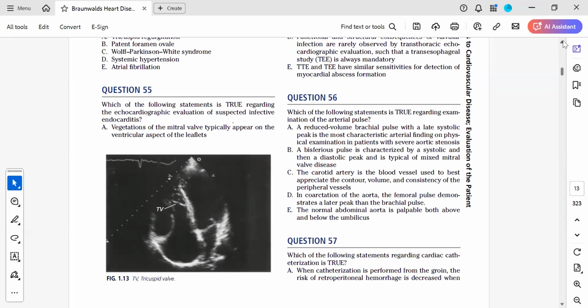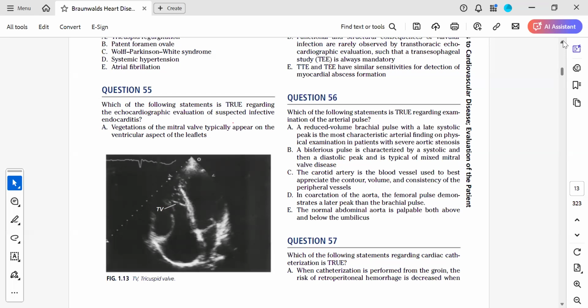Pulsus parvus et tardus, like I mentioned earlier, is a small pulse with a delayed systolic peak, which is characteristically seen in severe aortic stenosis and is appreciated by palpating the carotid artery rather than a peripheral vessel, such as the brachial artery. In patients with severe aortic stenosis and congestive heart failure, the delayed upstroke is not usually evident. So it's the parvus component that is usually felt.